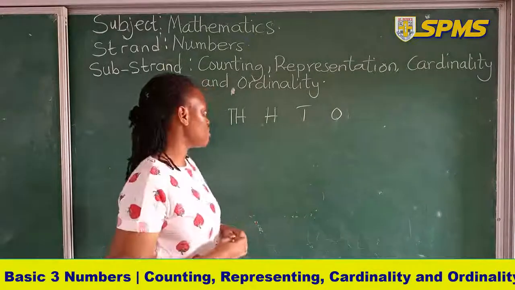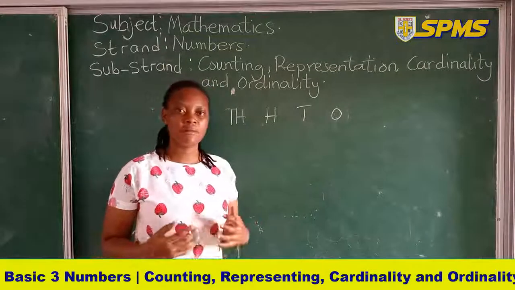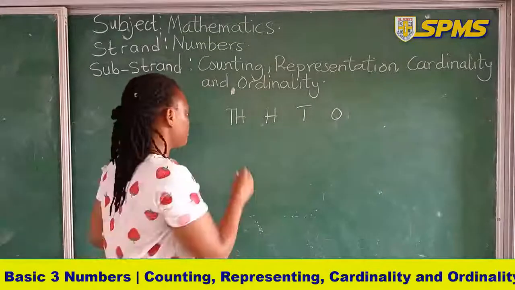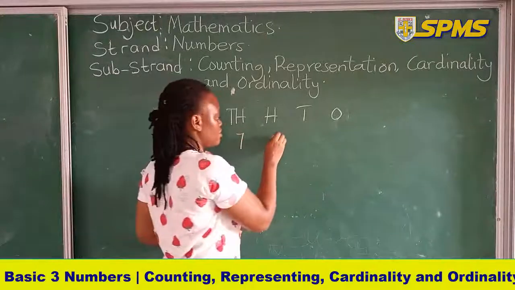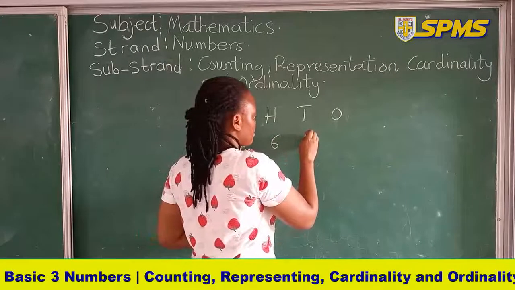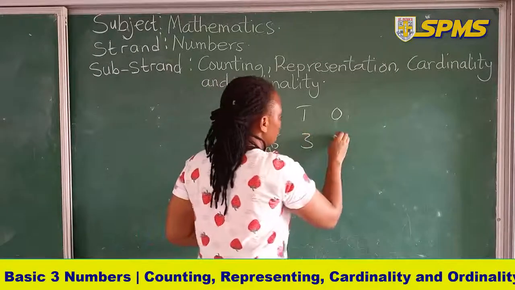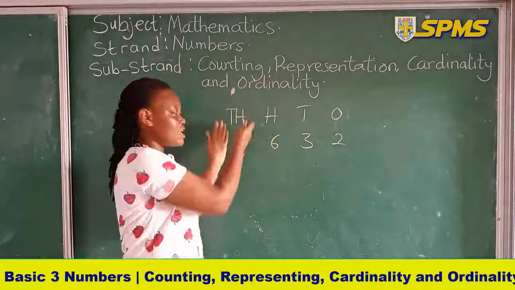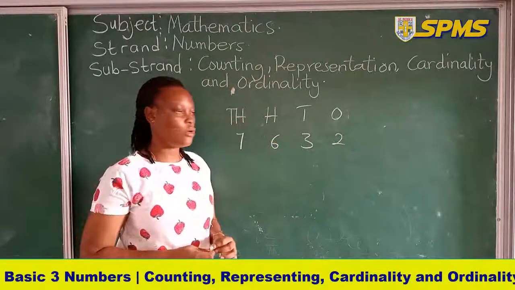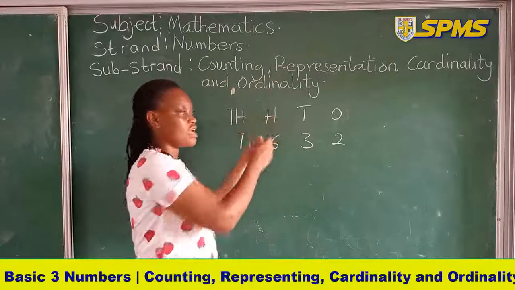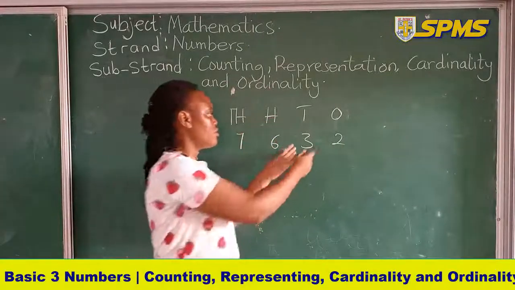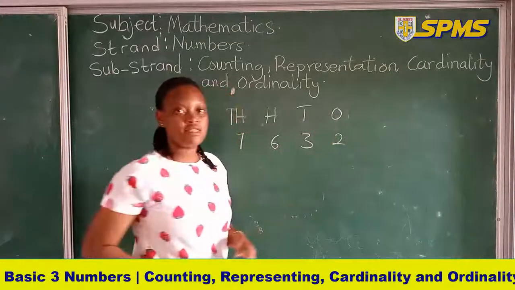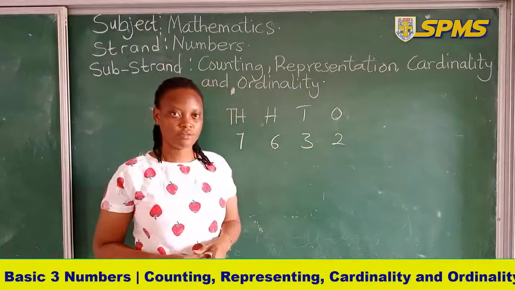Now let us put in some numbers or digits under each place. So we have 7, 6, 3, and then 2. So 7 is under the thousands column, 6 is under the hundreds column, 3 is under the tens column, and then 2 is under the ones column.